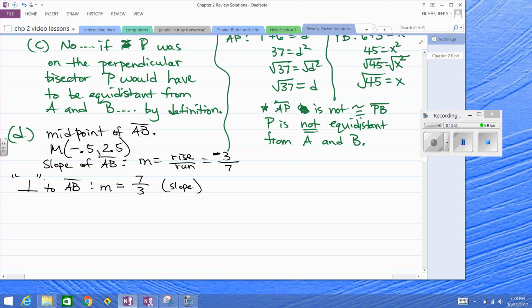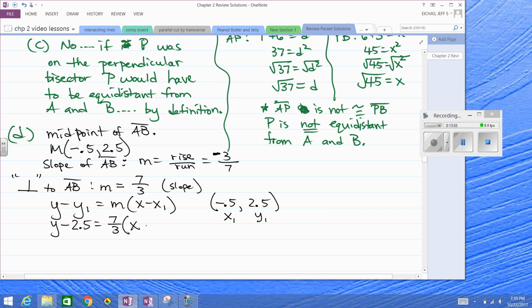There's a lot going on here. Wow, we're not even done. So y minus y1 equals m times x minus x1. And here's the point that the perpendicular bisector has to pass through. That's x1, that's y1. So y minus 2.5 equals 7/3 times x minus -0.5, which is going to be plus 0.5.